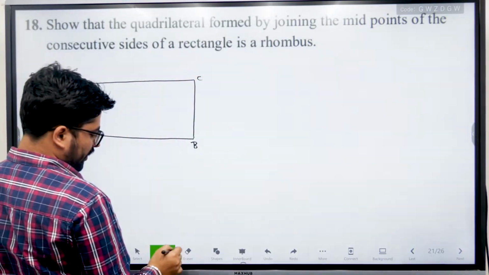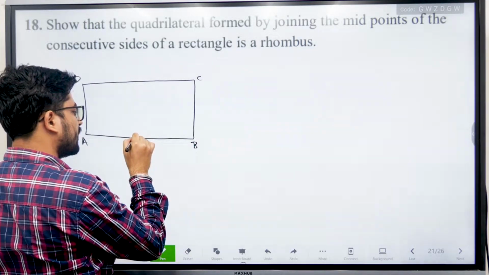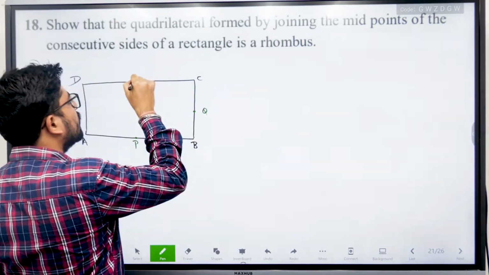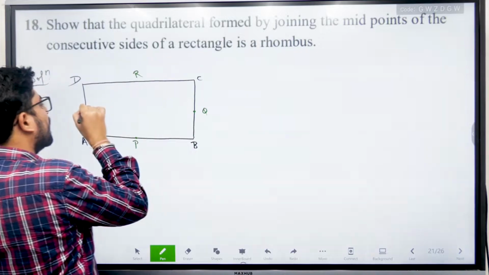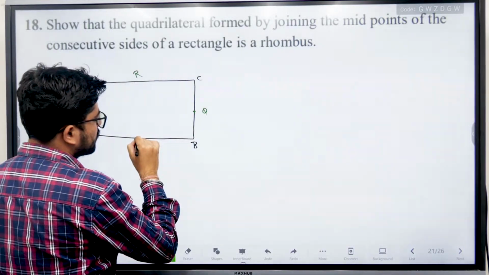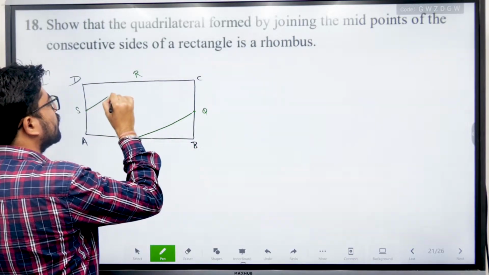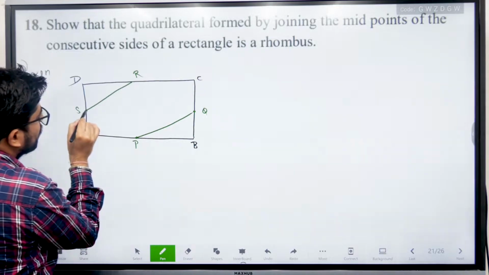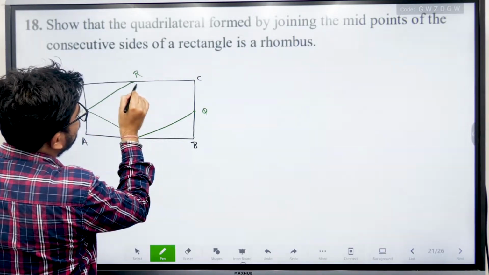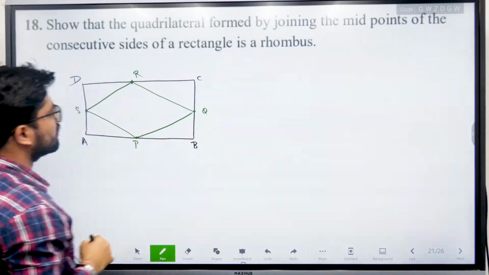So if you take midpoints, let's say the midpoint of AB is P, the midpoint of this side is Q, of this is R, and the midpoint of this one is S. When you join the midpoints, the quadrilateral formed is a rhombus.